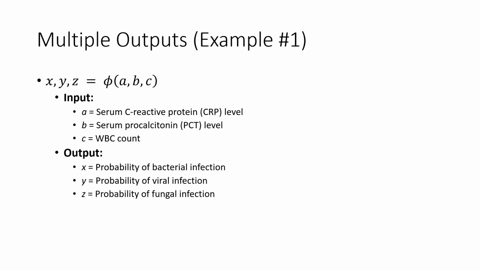Here, A, B, and C still correspond to C-reactive protein levels, procalcitonin levels, and white blood cell count, respectively. But now we have three outputs, and X, one of the outputs, is the probability of a bacterial infection, Y is the probability of a viral infection, and Z is the probability of a fungal infection. More specifically, you may even want to predict the probability of different types of bacterial infections based on these inputs.